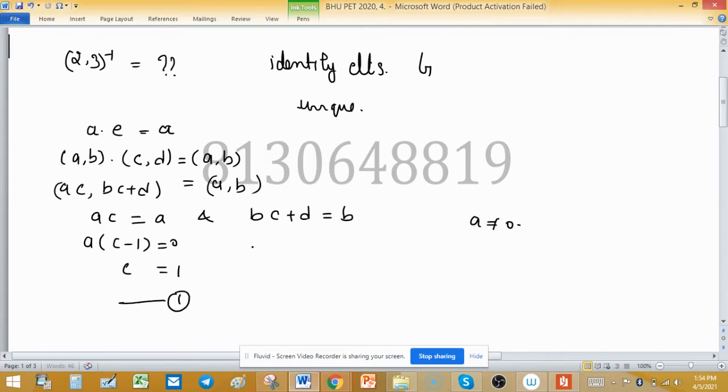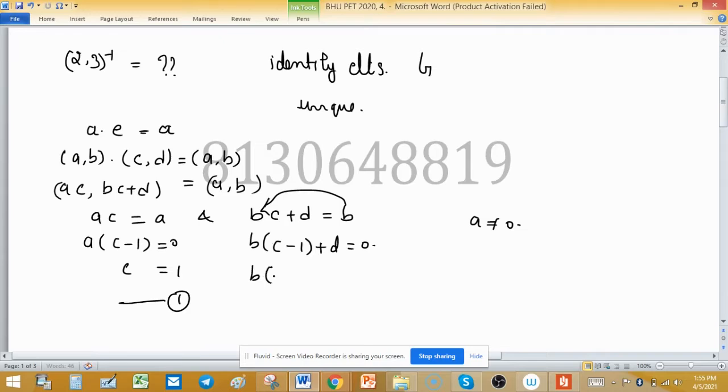Call it equation 1. Now from this one, take b(c minus 1) plus d is equal to 0. Transpose these two to the same side, and after that b is common. So b(c minus 1) plus d. This is only calculation, and we have the value of c.